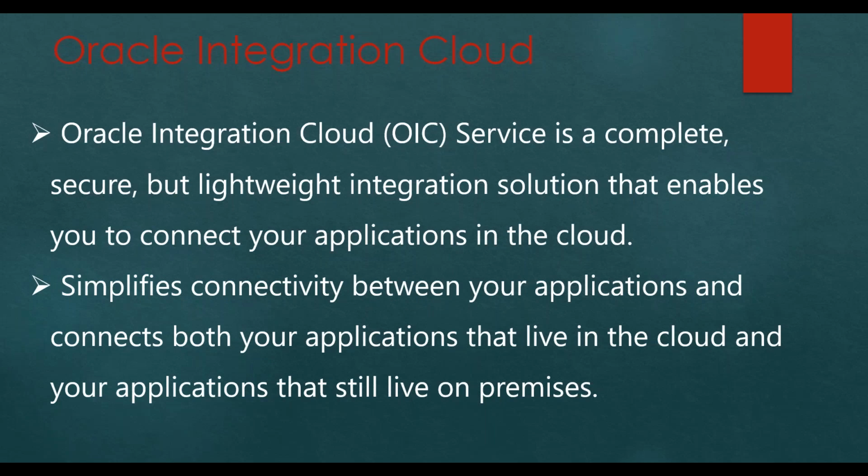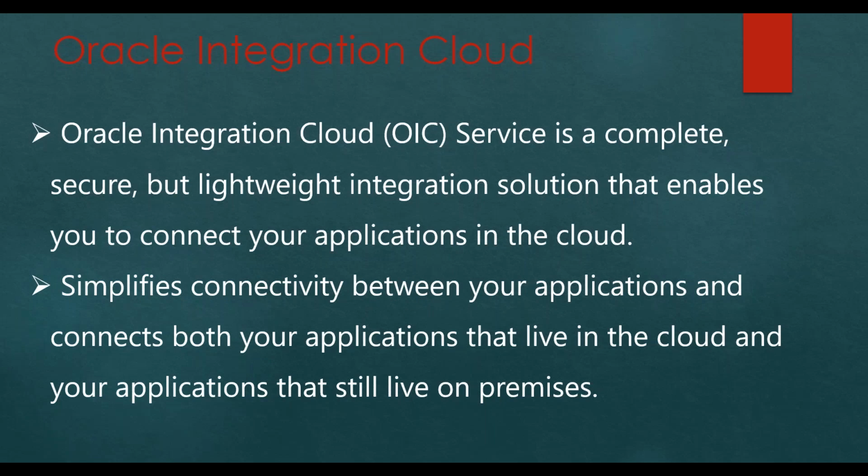It simplifies the connectivity between applications and connects both the applications that live in the cloud and those that still live on premise. In an organization there are 100-plus applications up and running. Some are SaaS-based applications, and some are still on premise. If you wanted to flow data between all these applications, how would you do that?